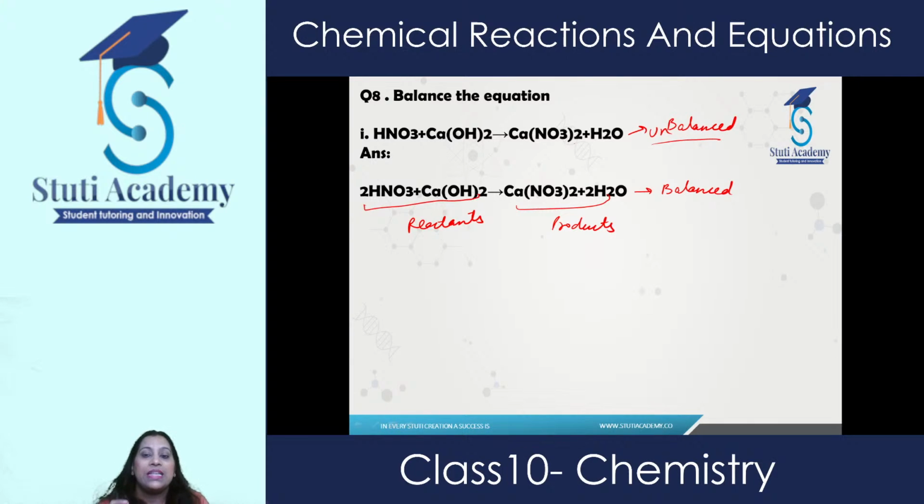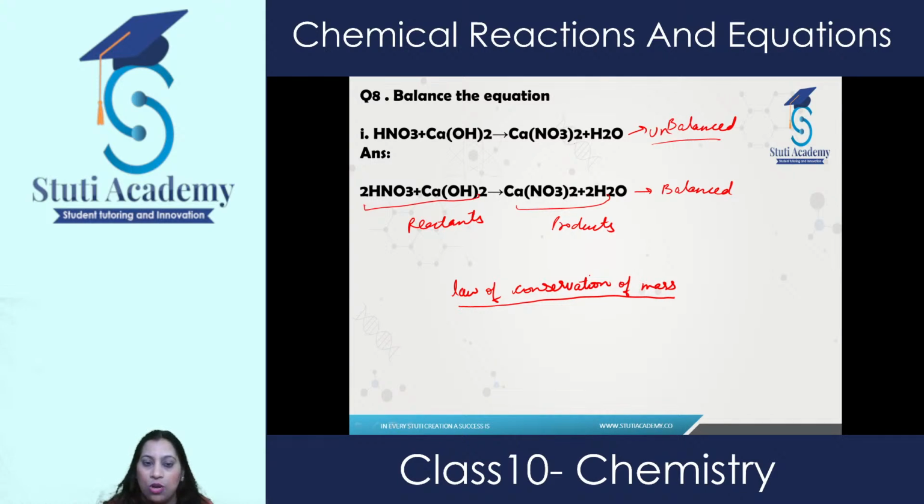But we always need to balance a chemical equation because a balanced chemical equation obeys the law of conservation of mass. What is this law of conservation of mass? How will you define it?